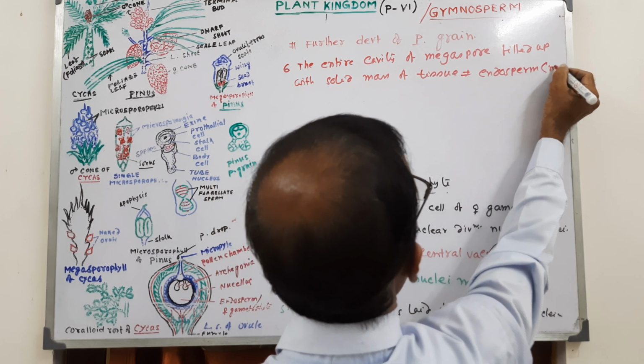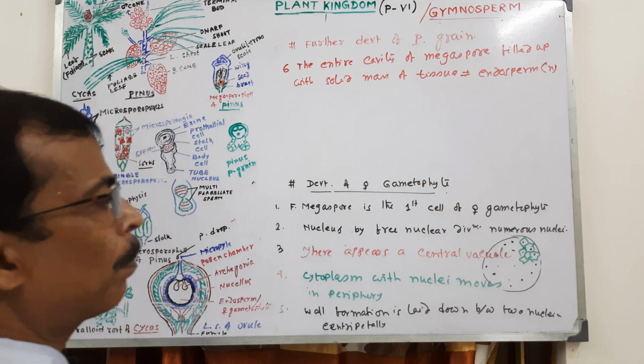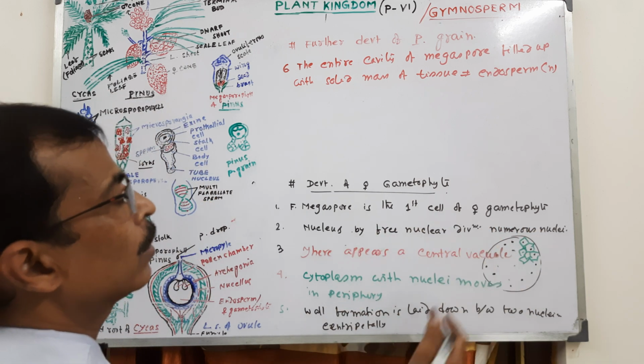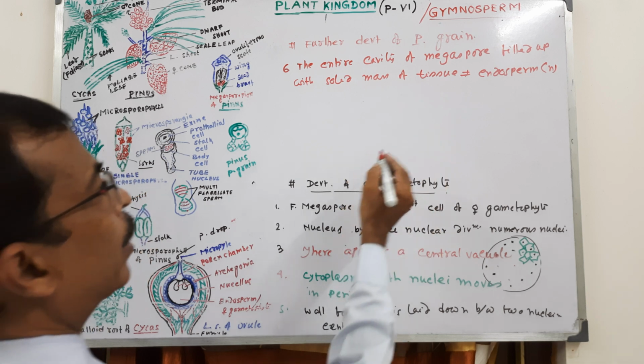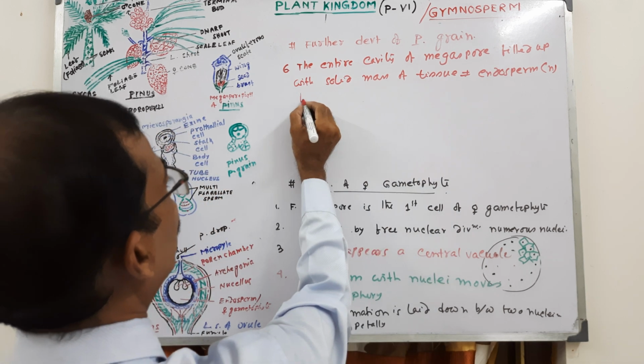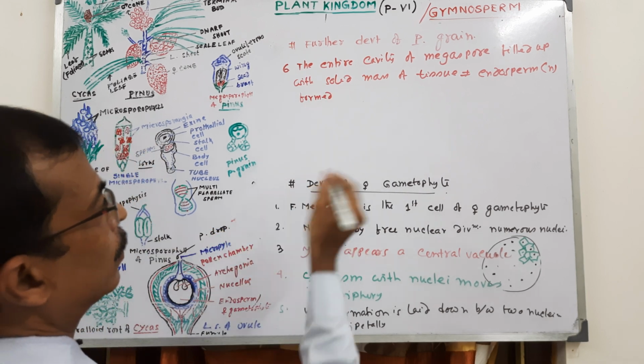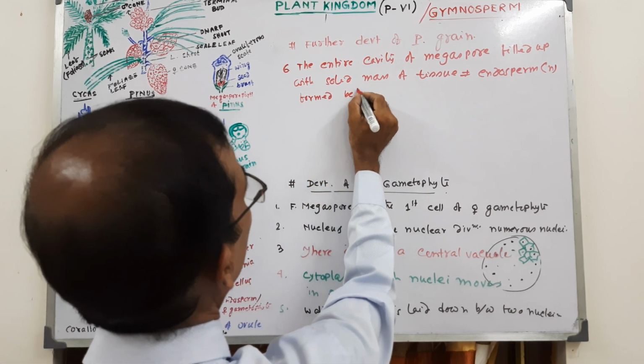The endosperm is haploid because the megaspore is haploid, and it is formed by free nuclear division followed by cell wall formation. So the endosperm is haploid and formed before fertilization, a unique characteristic feature of gymnosperms.